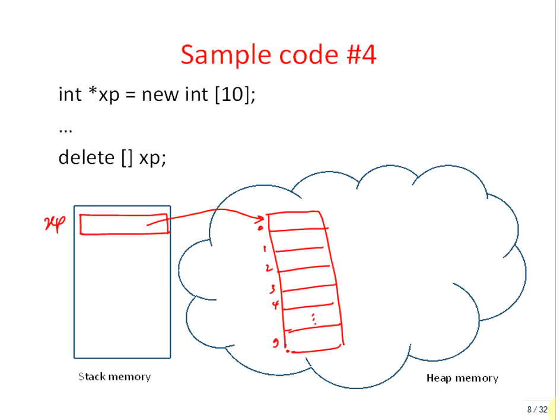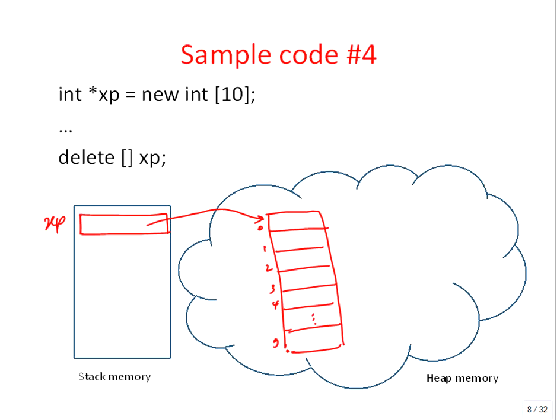Whereas here we allocated an array of 10 items, and when you delete, we say delete the array pointed by XP. So we do make a distinction there, whether XP is pointing at an array or an individual item, at least in this delete line.